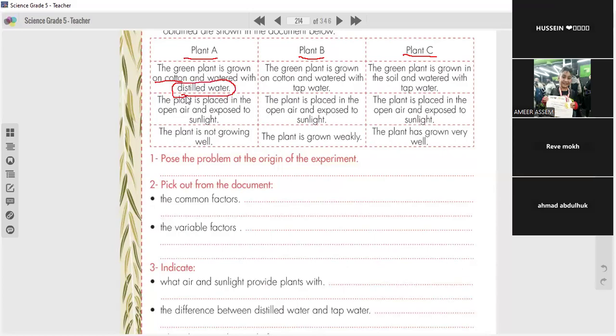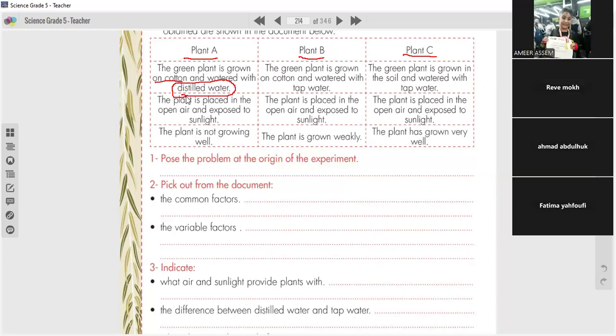Water with no mineral salt. Exactly. Who said it? Mahdi. Excellent, Mahdi. So that's why you have to know everything. You have to know all the details about the experiment. So this point is very important. You have to know plant A, okay, is grown on cotton, not in soil, and watered with distilled water, no mineral salts. Thank you, Batul.